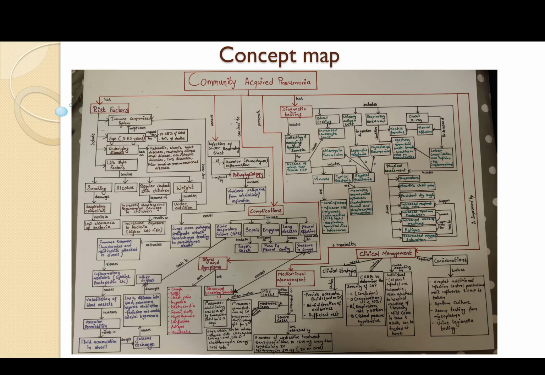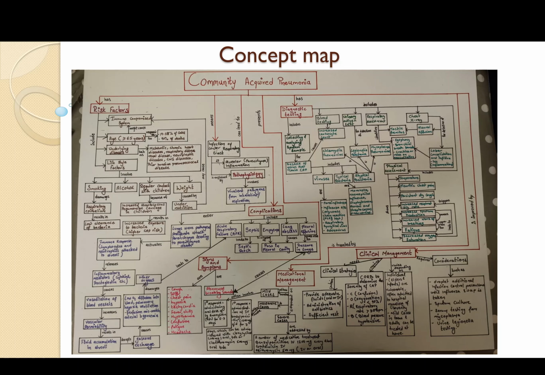And we can see the diagnosis testing, and diagnosis testing itself has a small concept map because we need to know how different types of bacteria or viruses are detected by different testing methods.